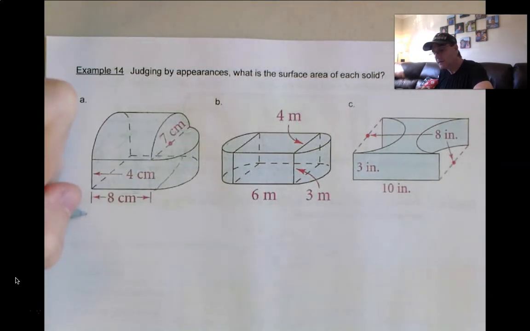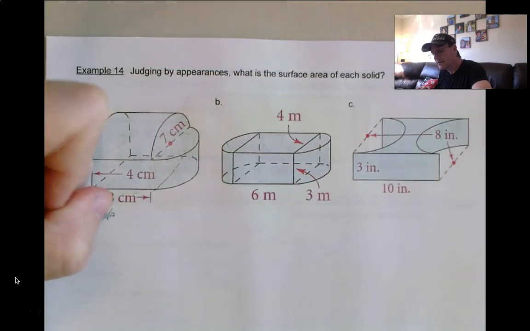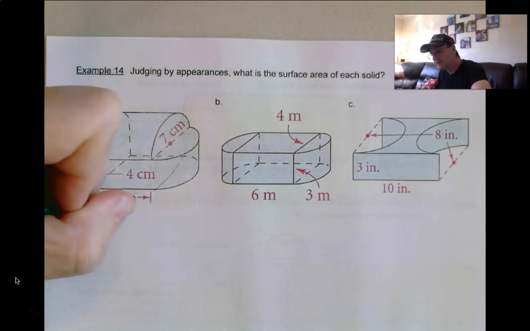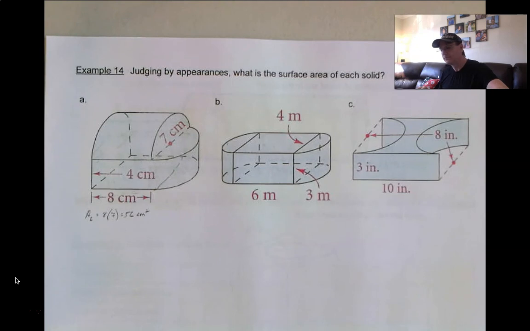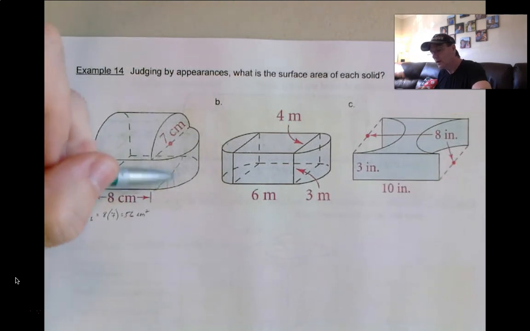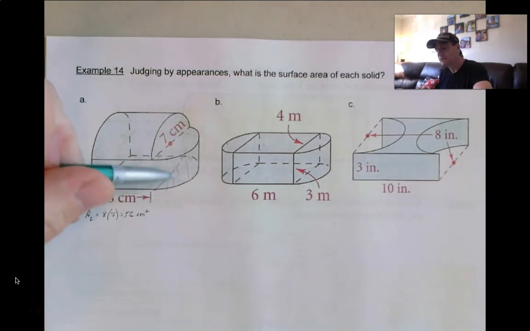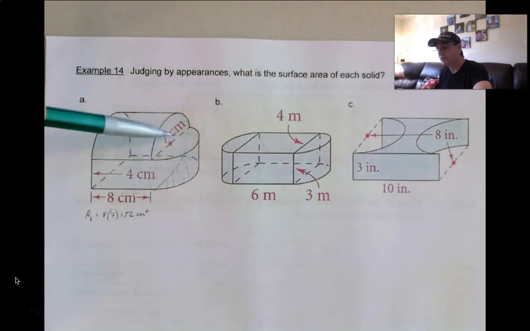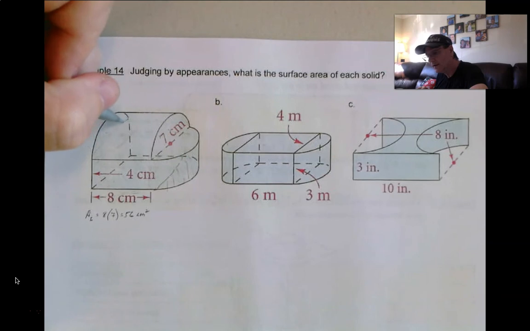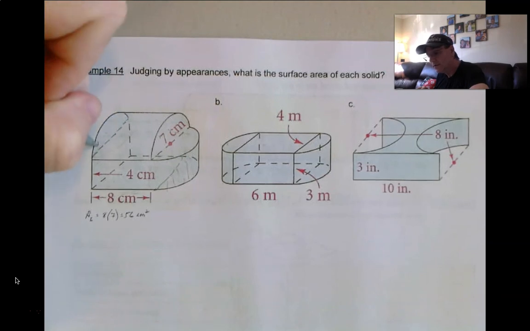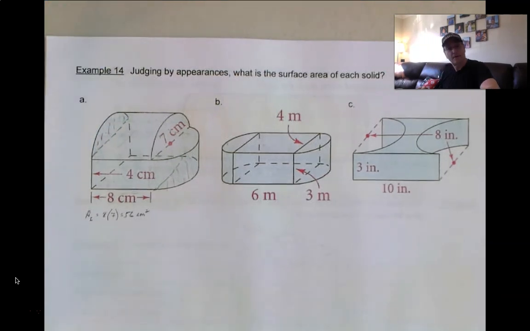So we'll call this area 1, 8 by 7, or 56 centimeters squared. This is one of our semicircles. We're going to actually have 1, 2, 3, 4 of these, because there's another one over here, just like it.